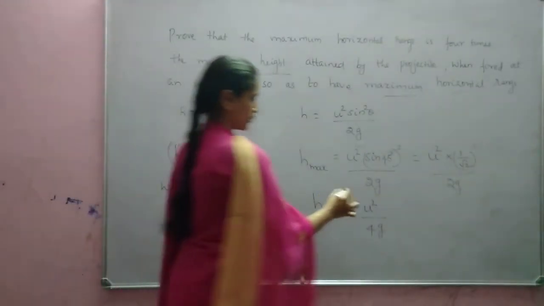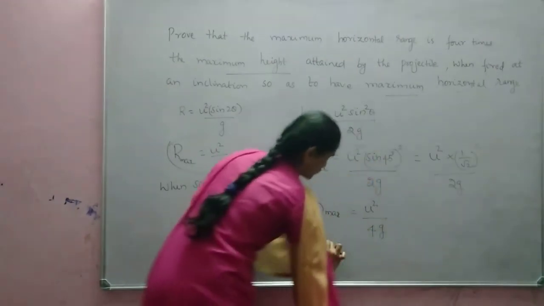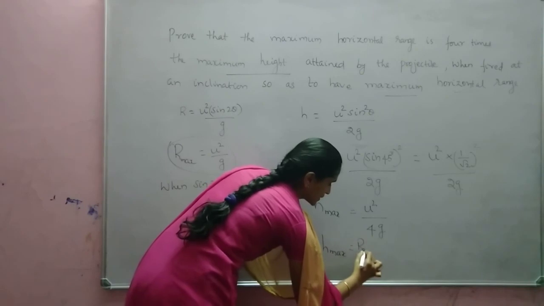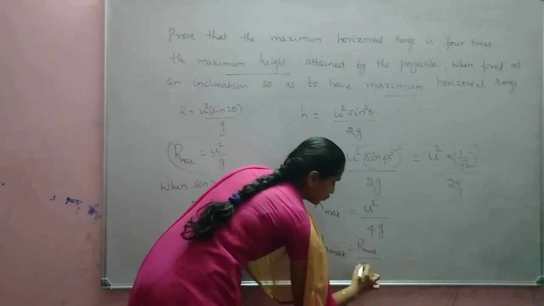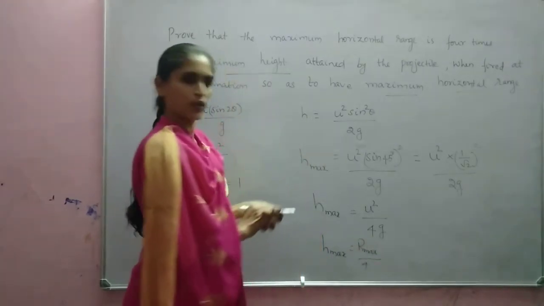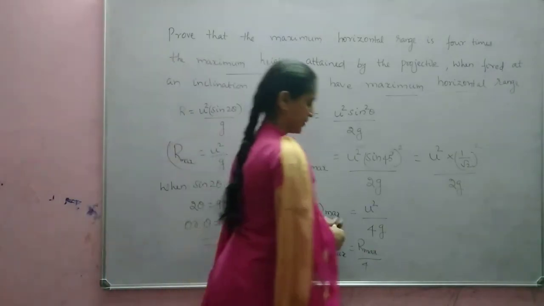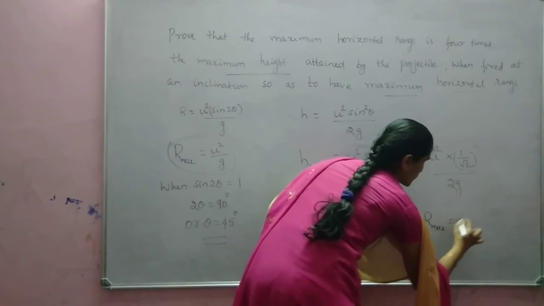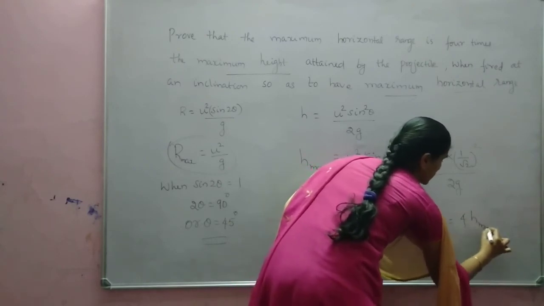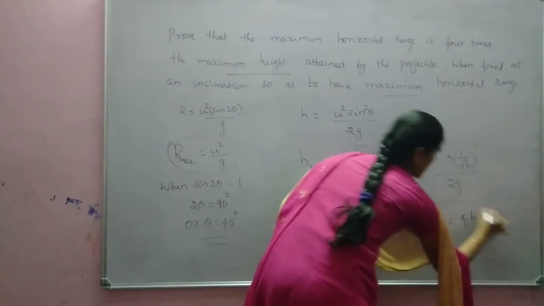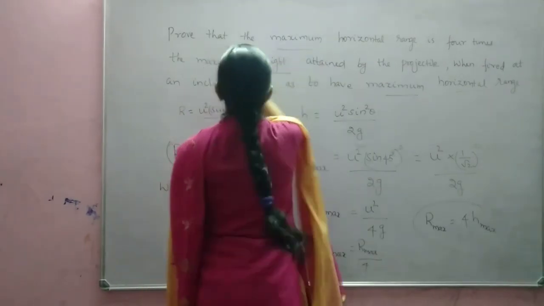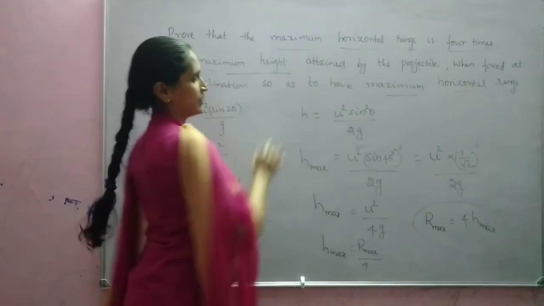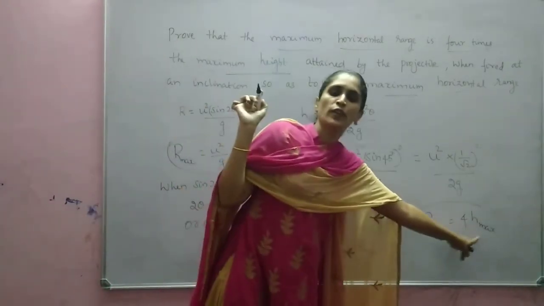So we can write h max is equal to r max divided by 4, or range is equal to 4 times the maximum height. So maximum range is equal to 4 times the maximum height. Is it clear? That is all that was asked in the question: show that the maximum horizontal range is 4 times the maximum height. We got r max is equal to 4 into h max.